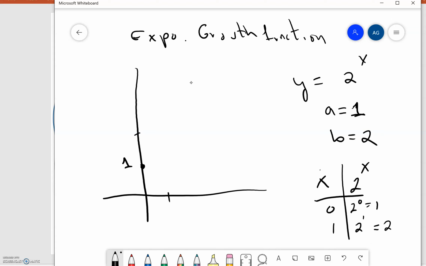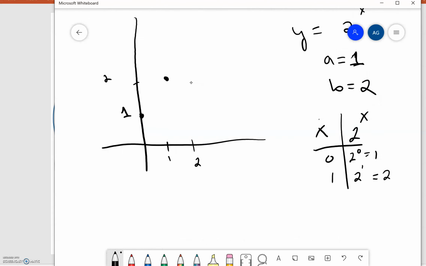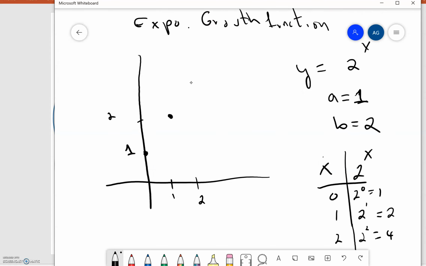So that takes me to 2 in this case. Let's go over 1 more unit to 2. And try not to run out of room here. So if I put in x equals 2, I get 2 squared, which is 4. So that's 3, 4. So that's up here.